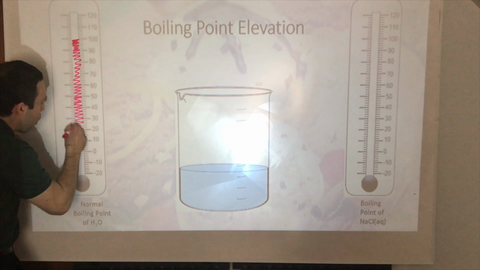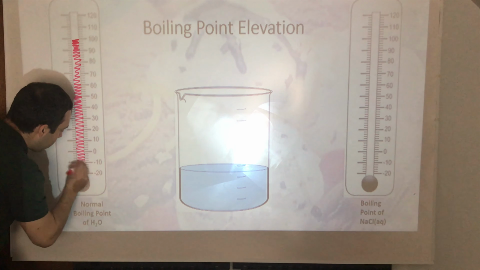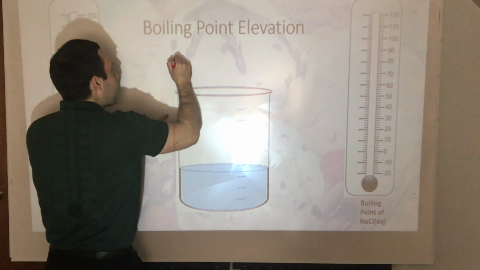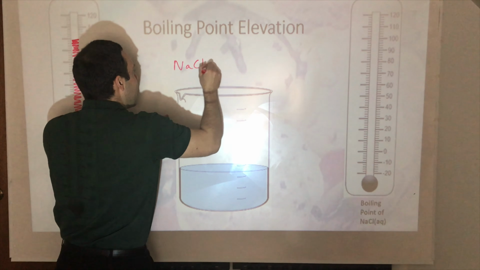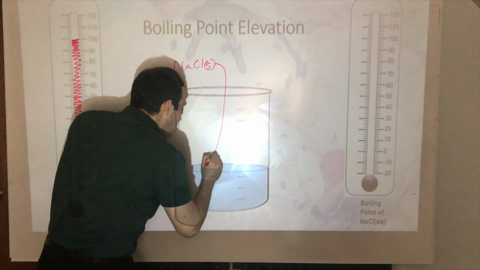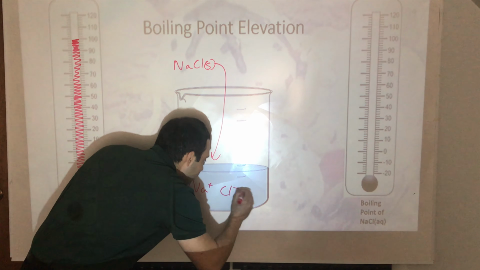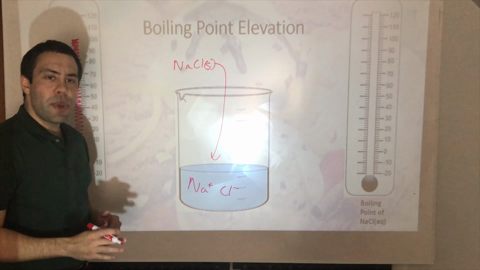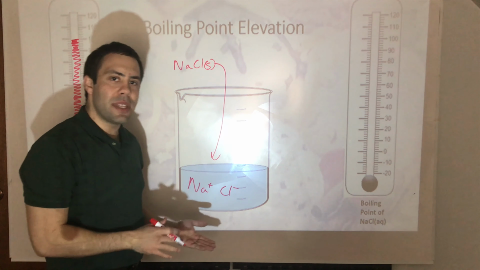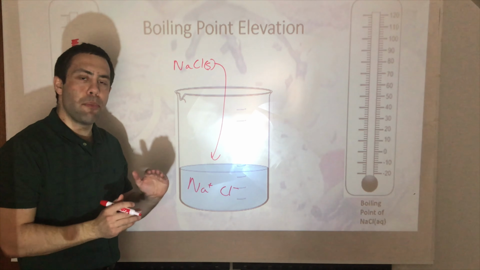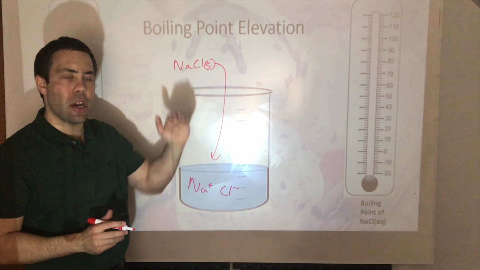However, when you dissolve the sodium chloride, the NaCl, into the water, it once again dissociates into Na plus and Cl minus. Since we have more stuff dissolved in that water, it's going to cause the boiling point to go higher.